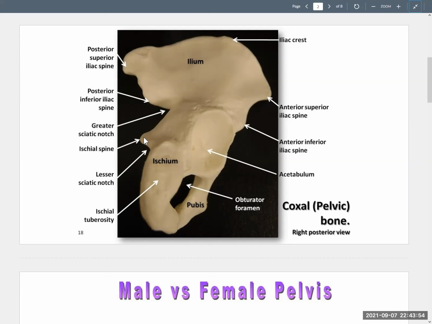meaning you're in part of the ischial bone now. It really goes from here straight across. Here's the ischial spine. Right underneath the ischial spine is a small groove. This is the lesser sciatic notch.